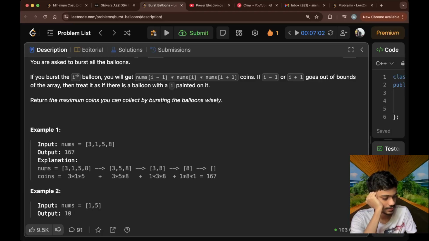There is 8 1 and 5, but it's hidden. You will get something like 8 into 5 into 5.